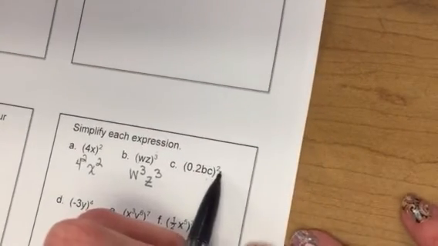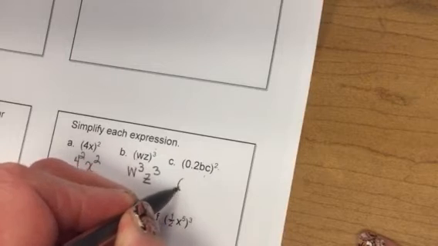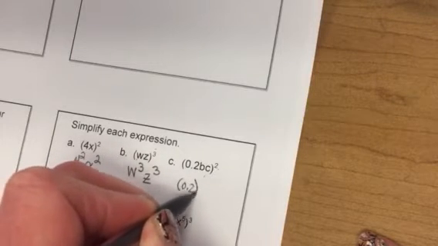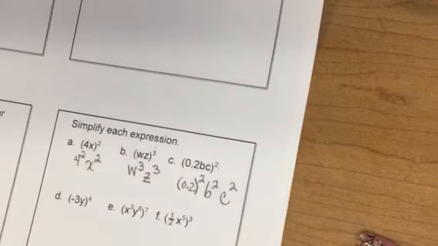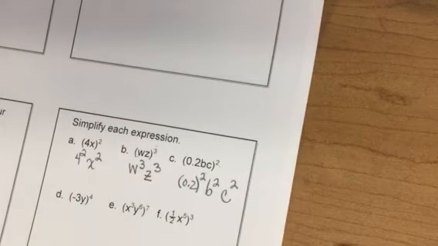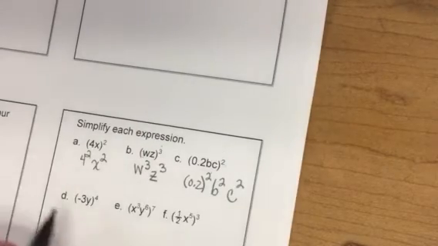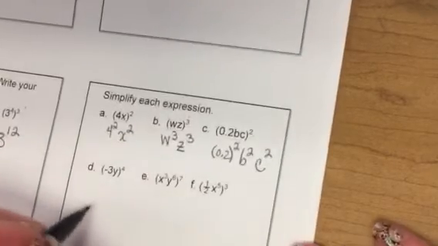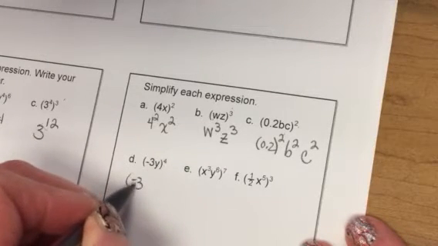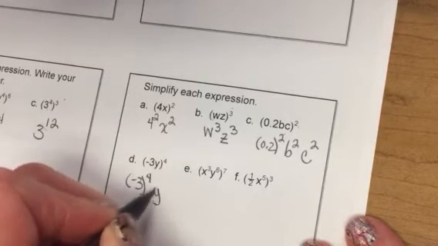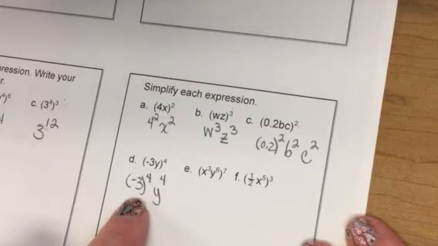Everybody to the 2nd power: 0.2 squared, b squared, c squared. Letter D, negative 3 to the 4th, y to the 4th. Yes, that has to be in parentheses.